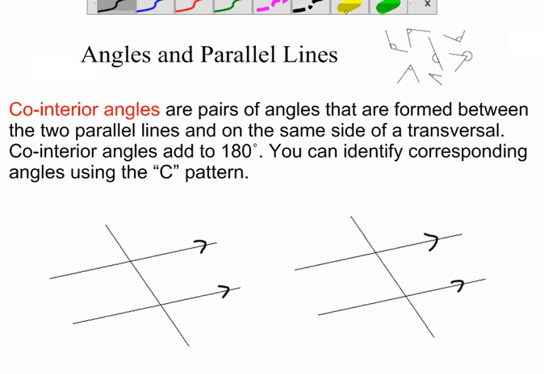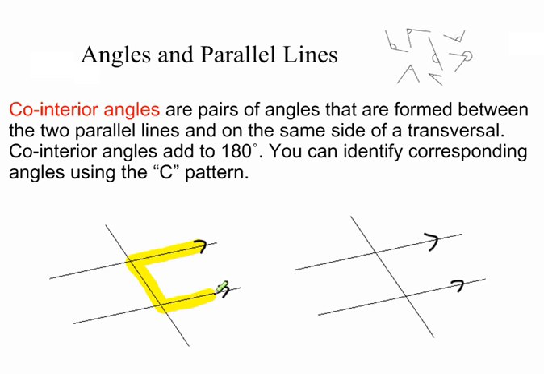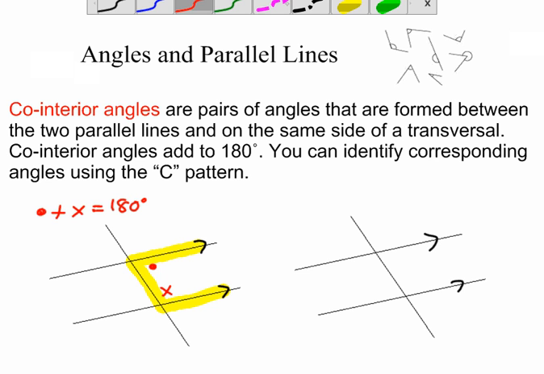So here again, you're looking for a C pattern, and right there is the C. Again, the stem part of the C is the transversal, and then the top and bottom of the C are the parallel lines. And so what happens for this one is the two angles that are underneath the C, so the dot and the X, they again are not equal, but the dot and the X together will equal 180 degrees. Again, sometimes it's not going to be a C.